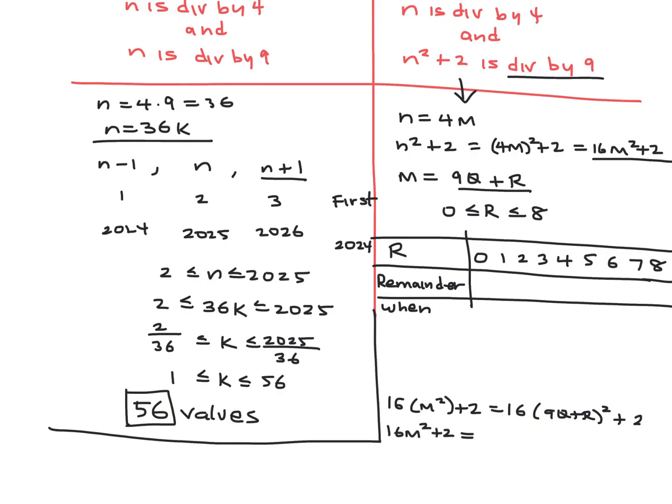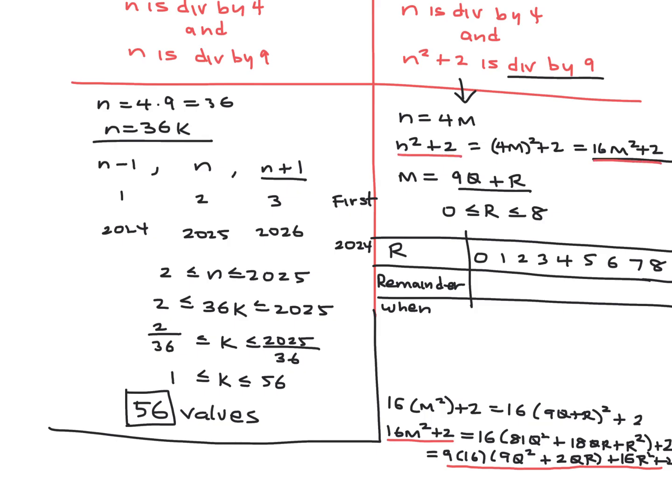And that's, let's see here. And when you expand it out and arrange it like that, you will get this. So that basically means that this whole expression here is equal to that. And that 16m squared plus 2, which is basically a representation of n squared plus 2, has to be divisible by 9.